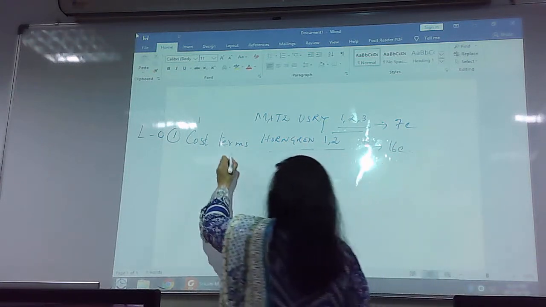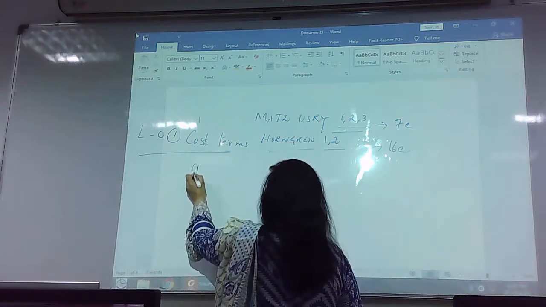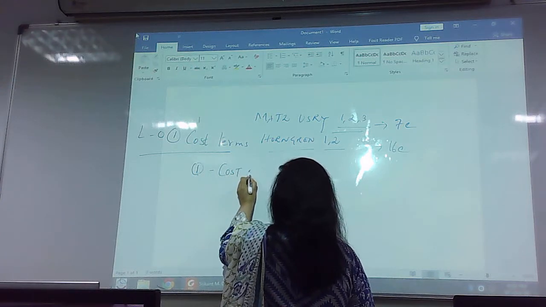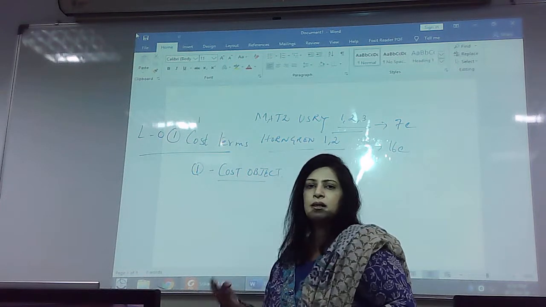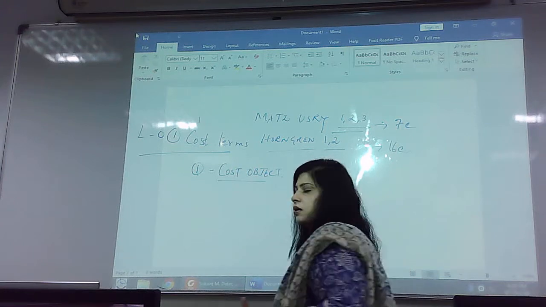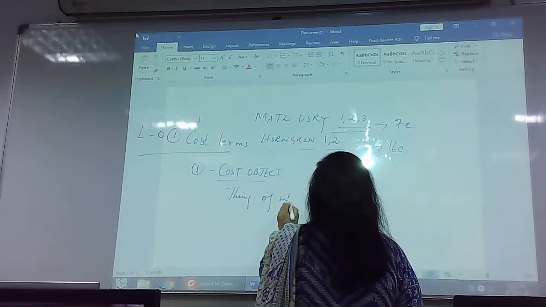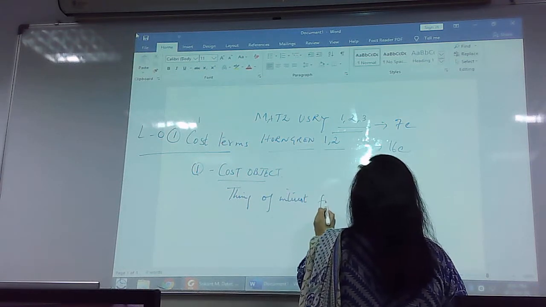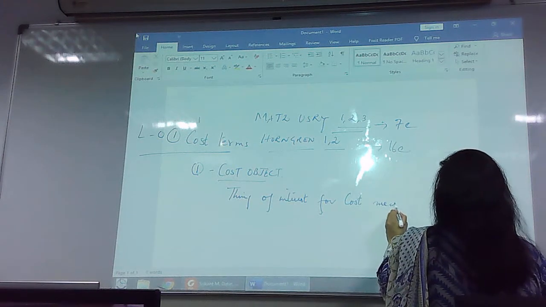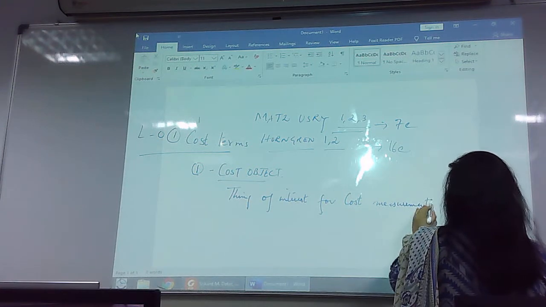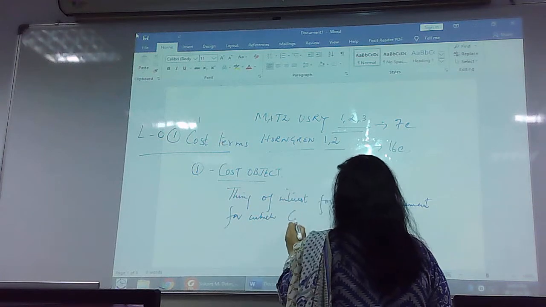Now, when we talk about the cost terms, first of all, you need to understand what is meant by cost object. You can think of it as a thing for which you measure the cost. So it's going to be a thing of interest for cost measurement, for which cost ascertainment is required.